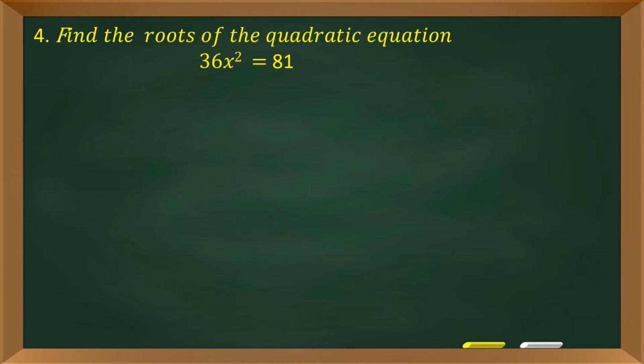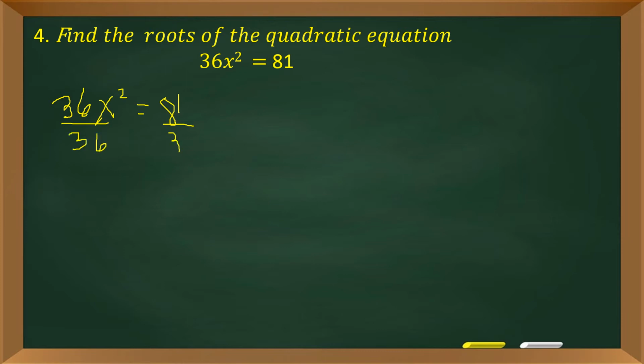Okay, next example. So, find the roots of the quadratic equation 36x squared is equal to 81. So, what are we going to do? Gaya ng unang mga ginagawa natin, i-clear natin yung coefficient ng x squared. So, we have to divide all sides of the equation kung ano man yung coefficient ng x squared. In this case, 36.